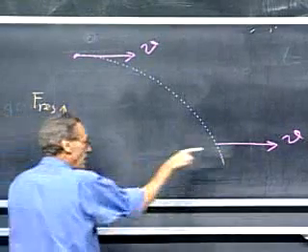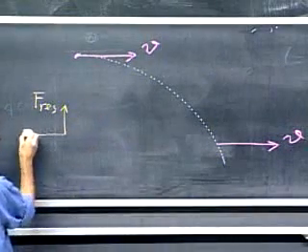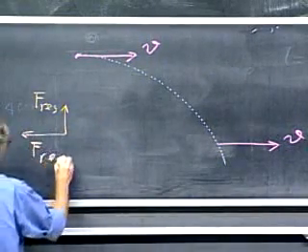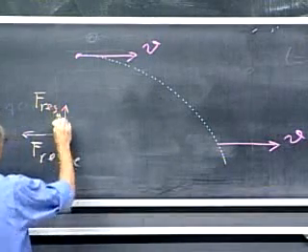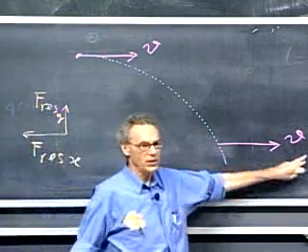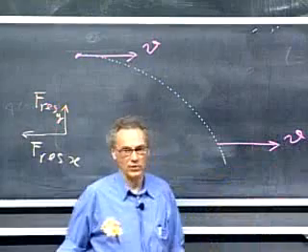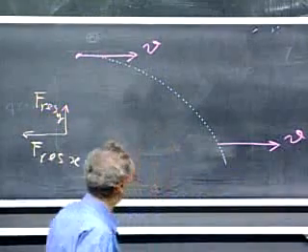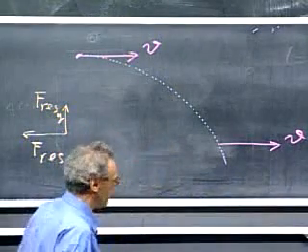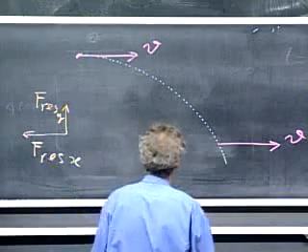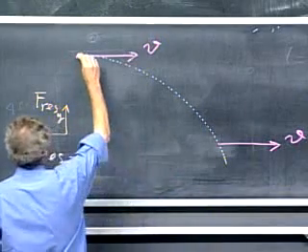It has a speed in this direction, so there's also going to be a component of the resistive force in this direction. And that will decrease this speed, this component in the x direction. And so you can already see that the curve that you're going to see is a very different one. It's going to look something like this.